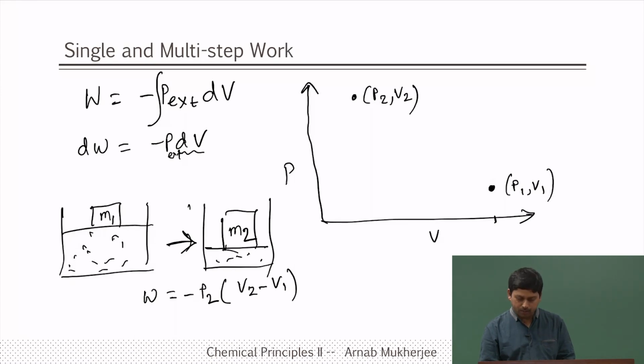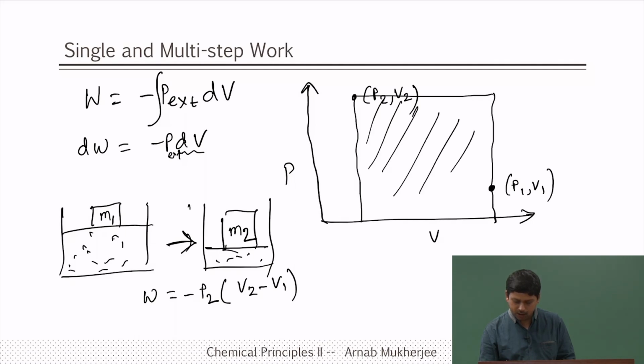How does it look if I plot it in the graph? This is the shaded region of the curve. Okay. The minus sign is there because it is the work done, so of course, minus and plus does not matter, we are always considering work done on the system, right.